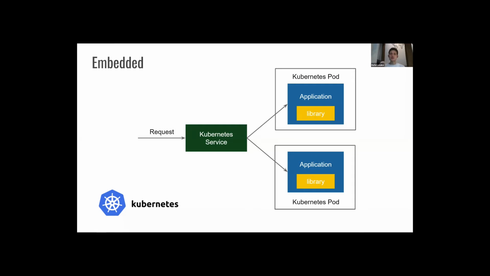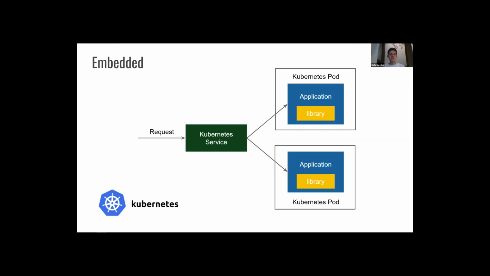Now the application uses some library. A classic example would be a caching library to check: have I already executed such a request? If yes, use the cached value. If no, do some processing, put it into the cache, and return the response.